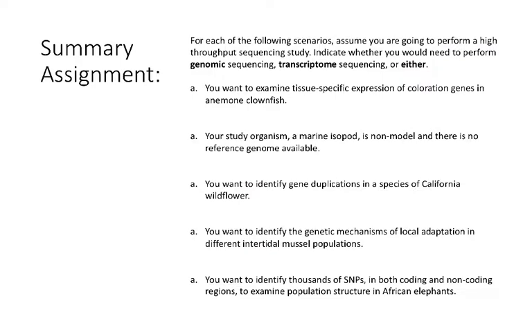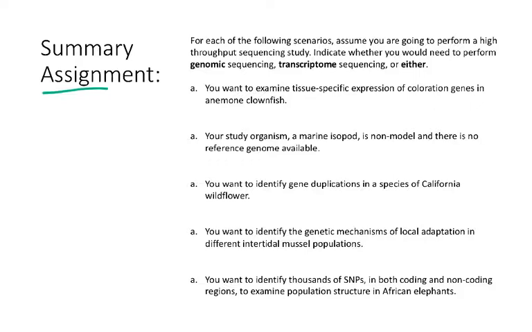So there are a couple main assignments in addition to the traditional mini quizzes I have after each video. One of them is this summary assignment where, like I said, by the end of this module, you'll be able to differentiate, given a specific research question or scenario, whether you would need to use genomic sequencing or transcriptomic sequencing, or you could use either to accomplish that research goal.